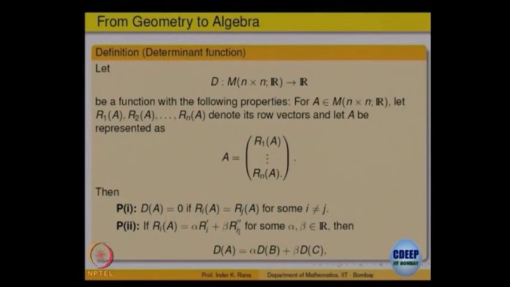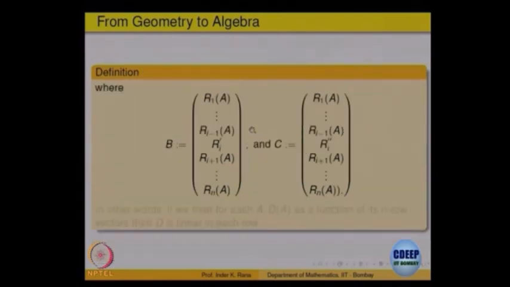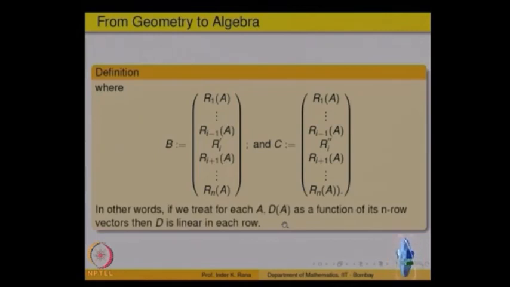If the ith row is alpha ri' plus beta ri'', then the determinant of A is alpha times the determinant of B plus beta times the determinant of C. That is the only difference; everything else is the same as the rows of A. So, the function is linear in each of the row vectors, because the determinant of A depends on the rows R1, R2, ..., Rn.